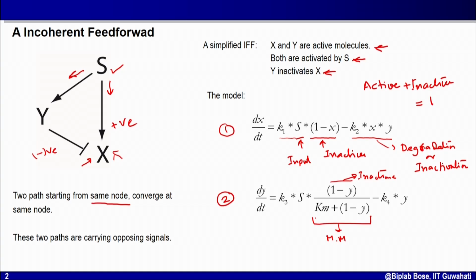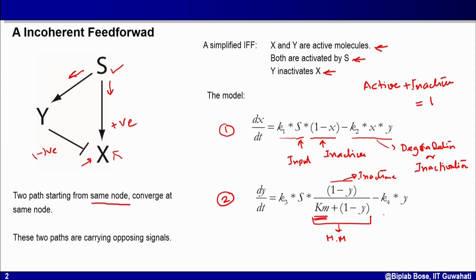In this case, I have considered an explicit Michaelis-Menten formulation because I want to study and explain the importance of Km, the Michaelis-Menten constant, here. Otherwise, I could have simply considered, just like dx dt, where I have considered s into 1 minus x, s into 1 minus y or something like that.